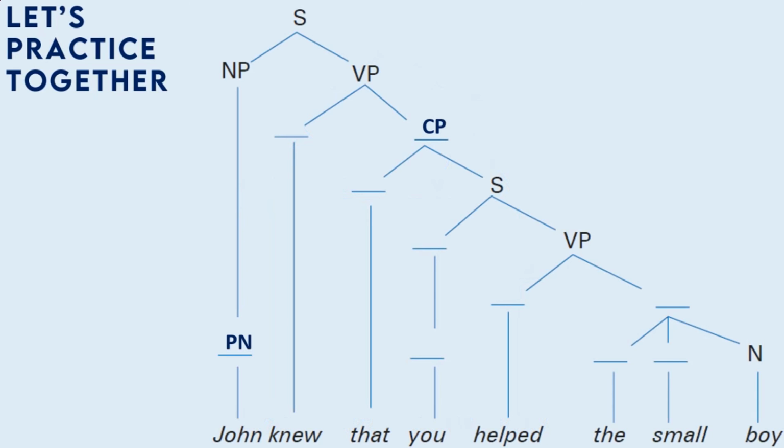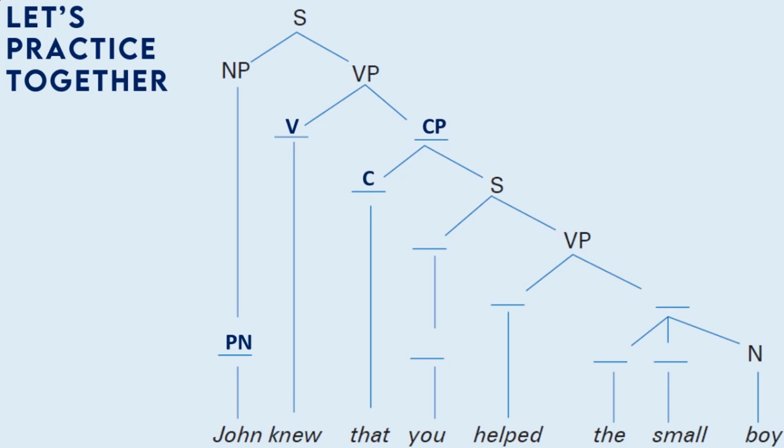Then we have a verb phrase, but the verb phrase is composed of, obviously, a verb, knew, okay? We have the complement phrase. This is the only hint I gave you. And the complement phrase is composed of, yes, a complementizer, that. The complement phrases are composed of the complementizer and a sentence.